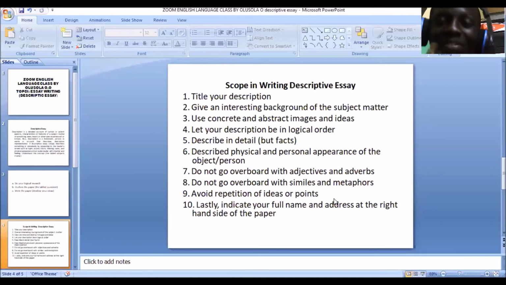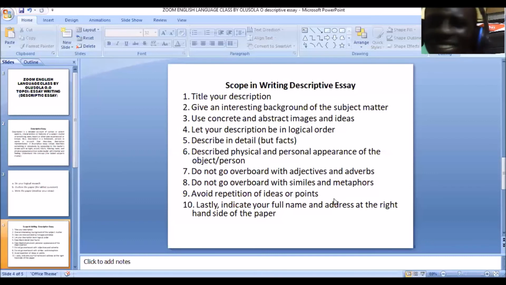Simple sentence. If it's possible for you to use simple sentences all through, do so for the sake of the exam. And that's why I always made it known to us that it is possible for you to write an English exam at O level and pass with A without any assistance.